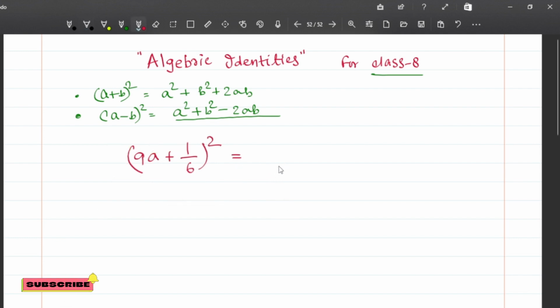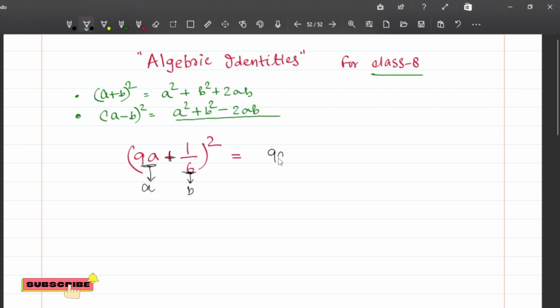Now take another example. Again, compare this with (a plus b) whole square. That means 9a is taken as a and 1 by 6 is taken as b.